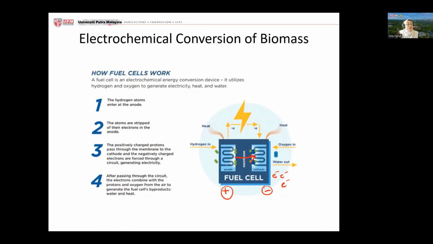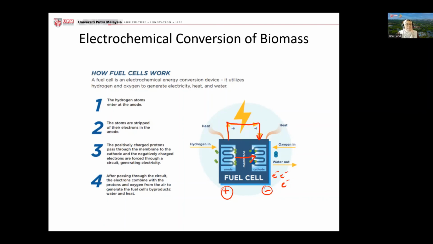Whereas electrons cannot move through the membrane, so they have to go through the circuit outside to go into the cathode. This movement creates a circuit, and it creates electricity.